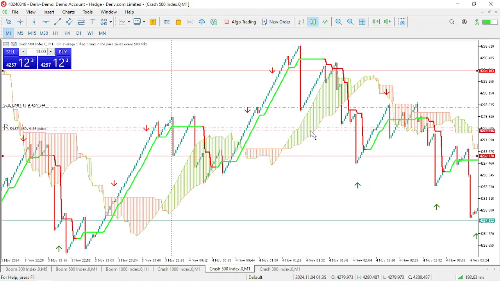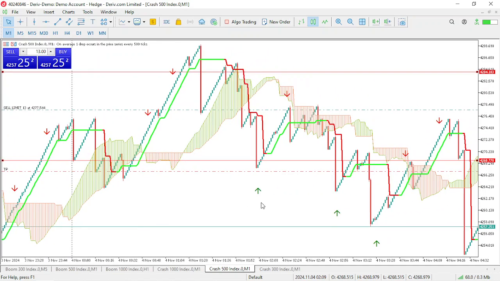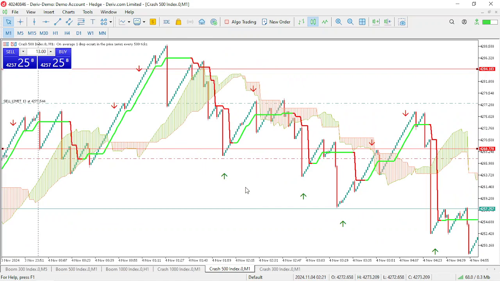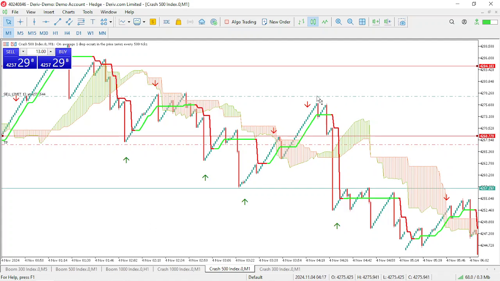That's like you just go for one spike. Cool. If you held it, that's like $138 in a very short period of time, and that's your trade for the day. Let's say whatever happened here, even though it gave you a signal, you didn't get in. Cool. Wait for the market to play out, and then over here it gave you this one, right?